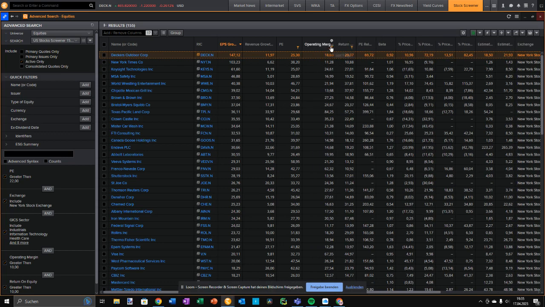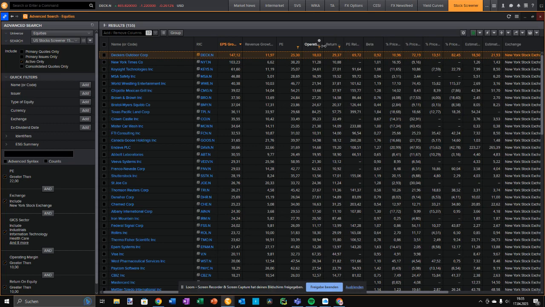Then we have the operating margin. I just like high margins. It's pretty simple. If you have high margins, it's just easier for the company to make money. And most of the time you only have high margins if your product is good, or if you can sell your product for a high price. Maybe you don't have competition for that product.